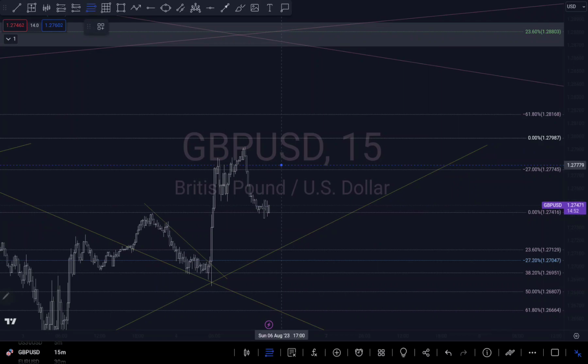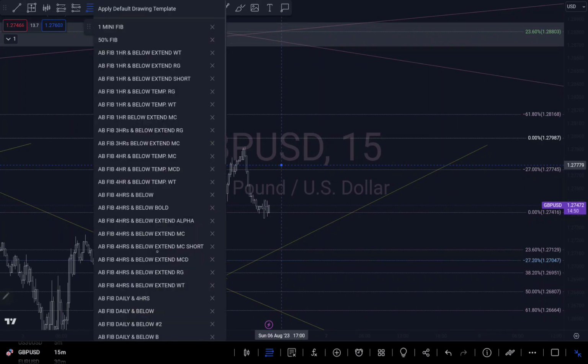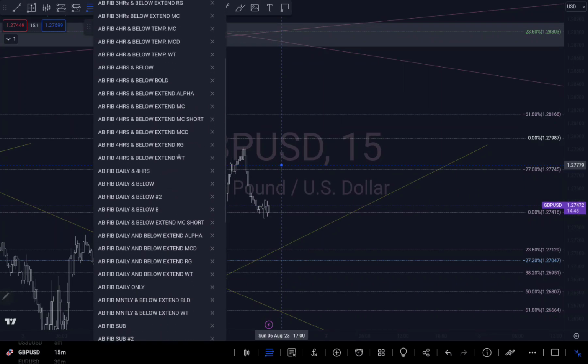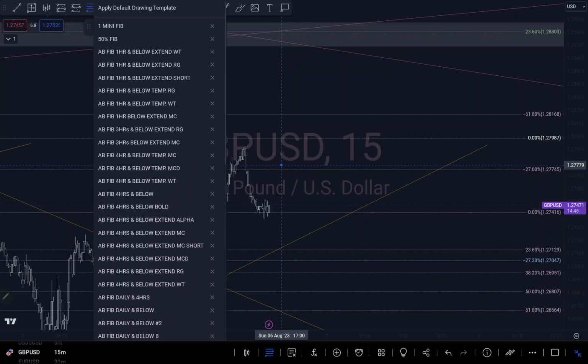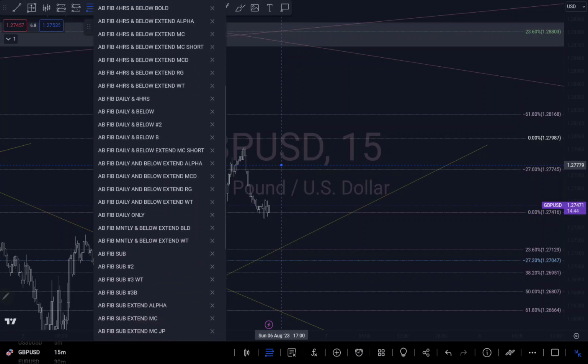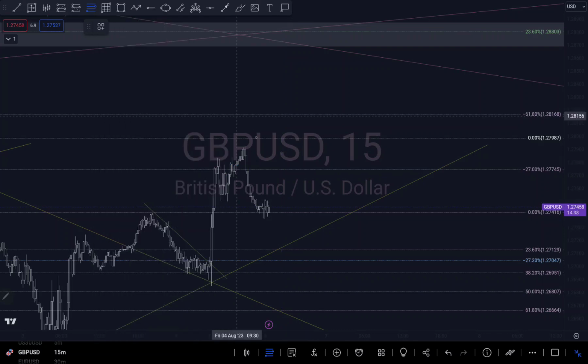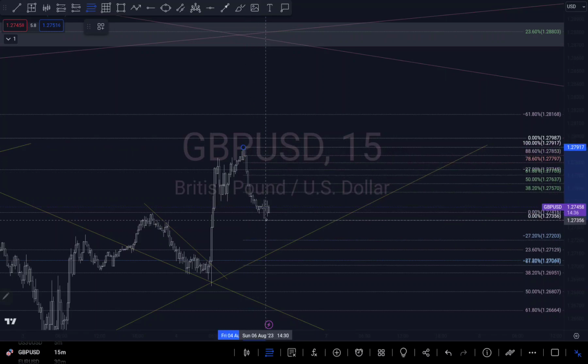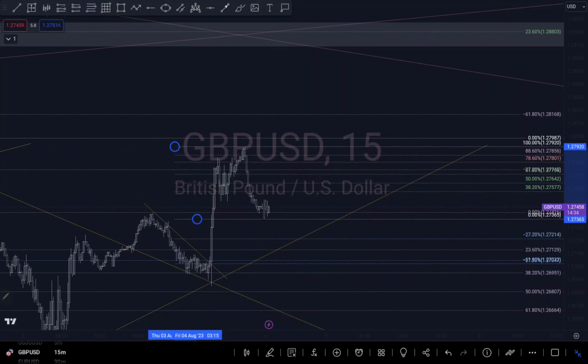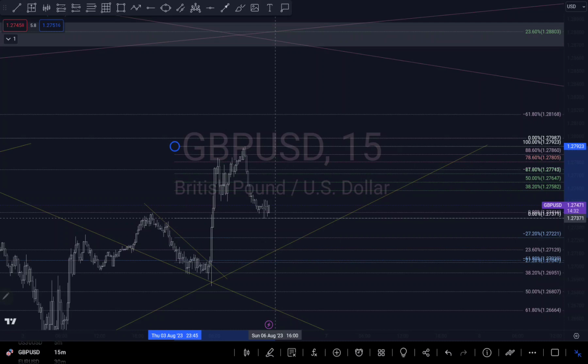I'm going to draw a short fib around that area that it might reject off of. Let's see. So I think I might do something like this. I think we might start rejecting around this area.